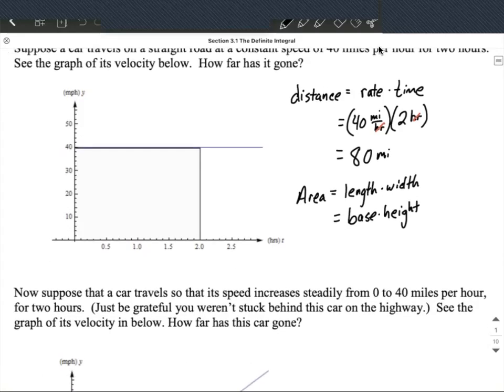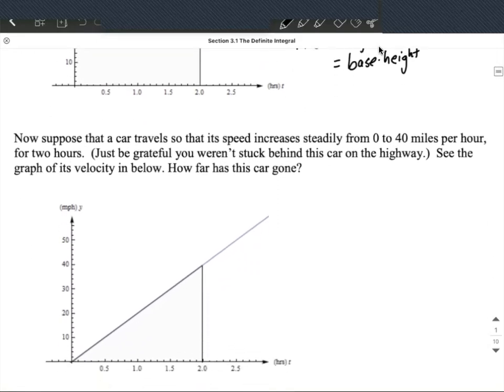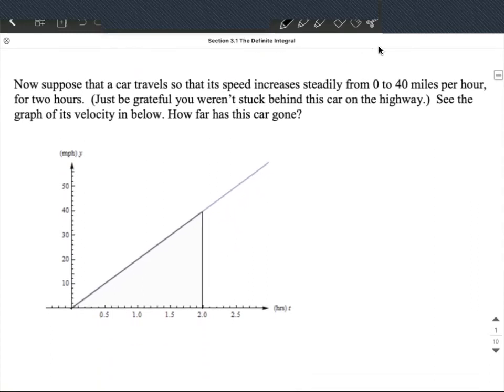Let's go on to one more, where instead of going at a constant rate, we have a car that starts out and travels for 2 hours, but starts at 0 miles per hour and steadily builds its speed over these 2 hours until it finally gets up to 40 miles per hour by the end of its trip. We don't want to be behind this car, right?